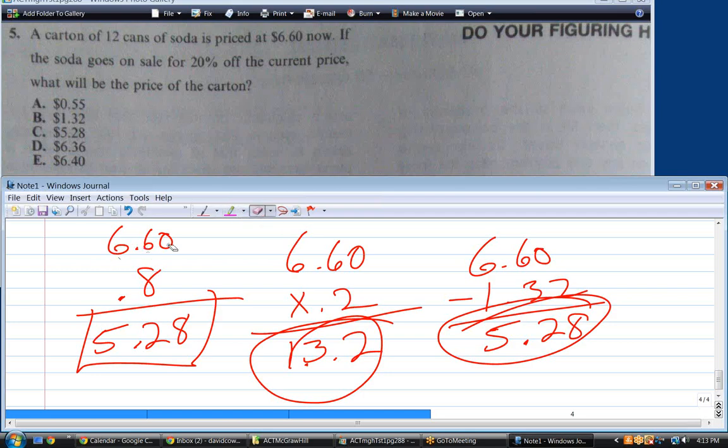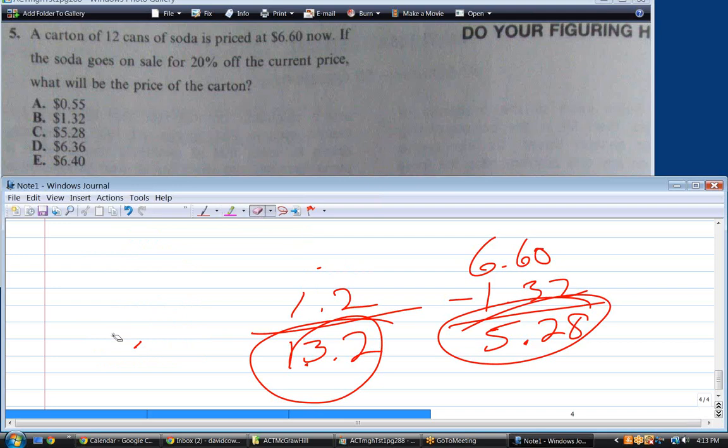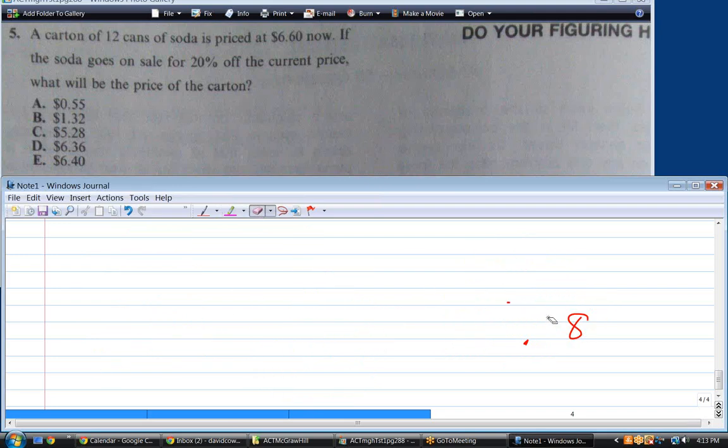If something has a 6% tax, if this question said that it was a 6% tax, what would we do? Then we do 660 times what? Is it 0.06? It's 1.06.